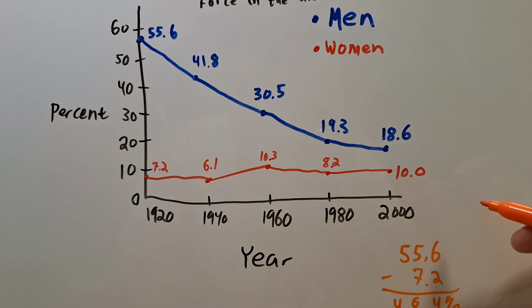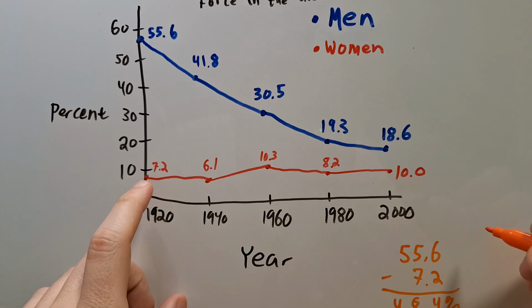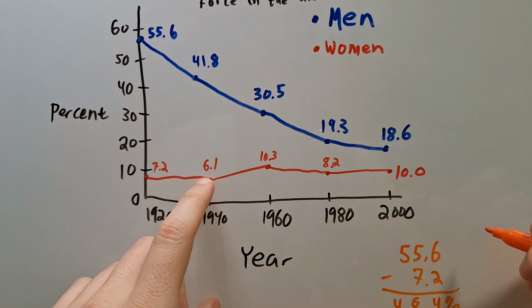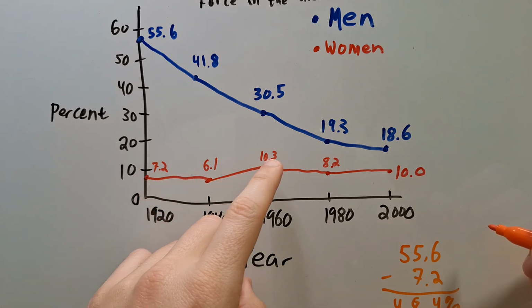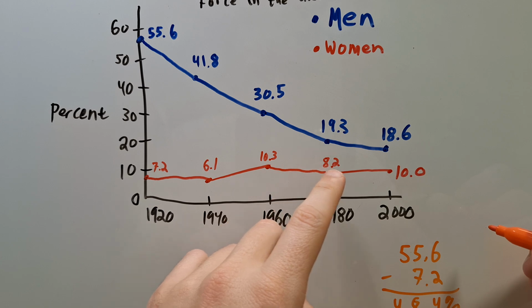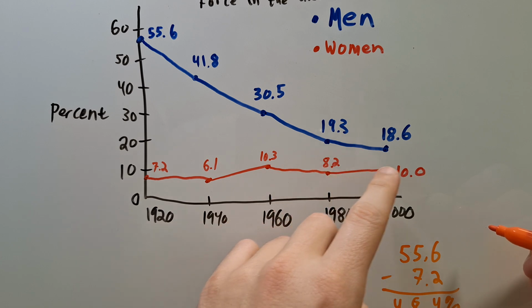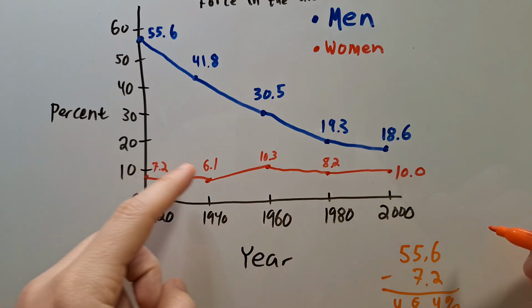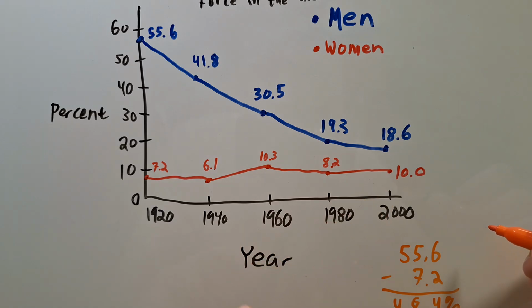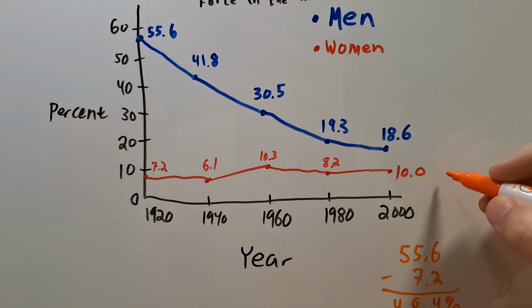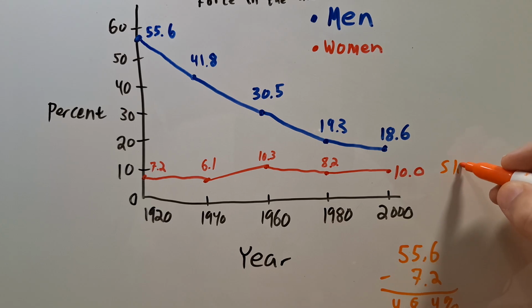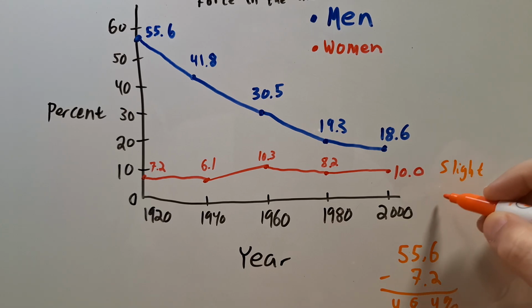What is the overall trend? So we start at 7.2, then we go down to 6.1, we go up to 10.3, down to 8.2, and then we go up again. So it's kind of going back and forth, but we could say for a slight prediction that there is a slight increase in this trend.